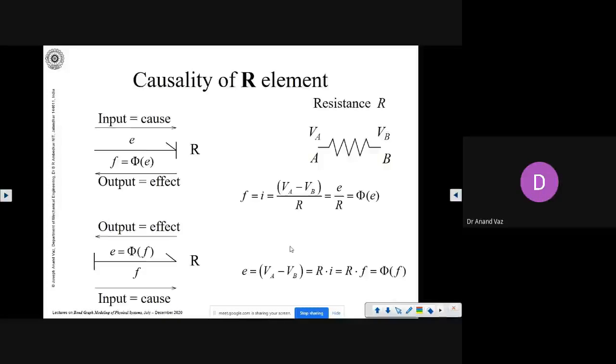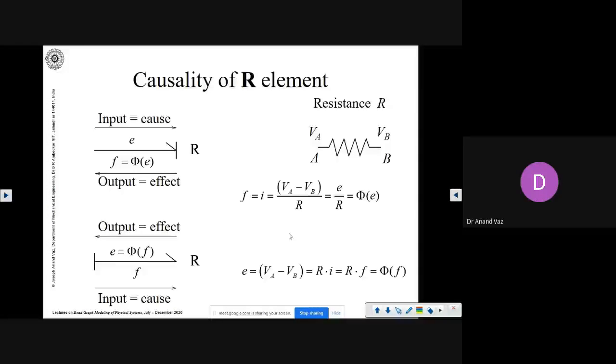But an R element can also sometimes, depending upon the phenomena, have just one type of causality and not the other. That can happen in phenomena of friction, for example dry friction, where the relationship between effort and flow is not invertible.